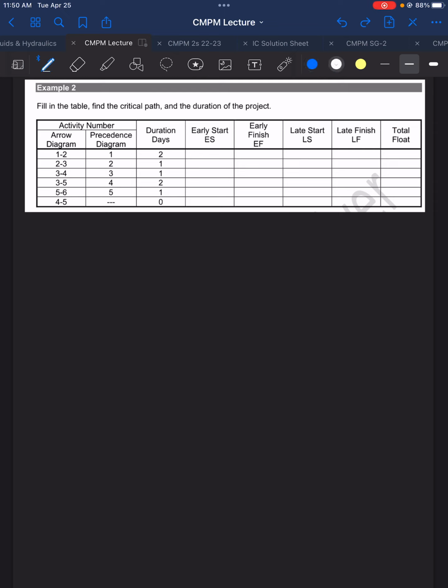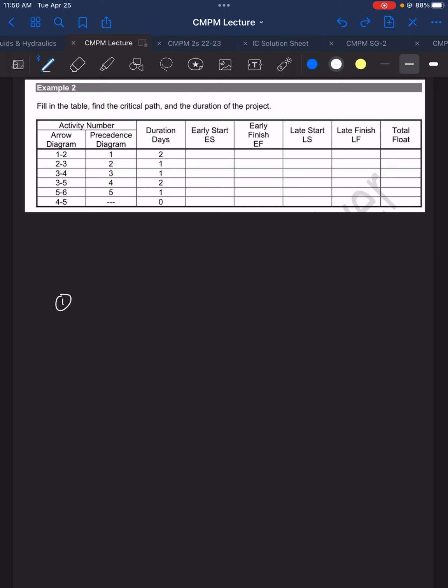So first, the network diagram. We have here activity number 1. So we have here event 1, and then this is the activity here.